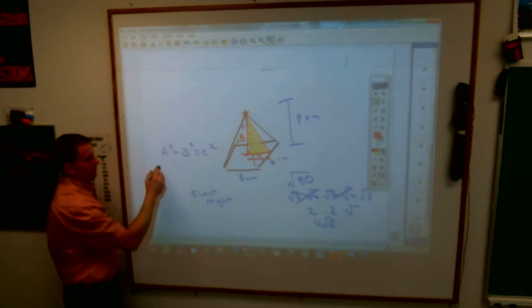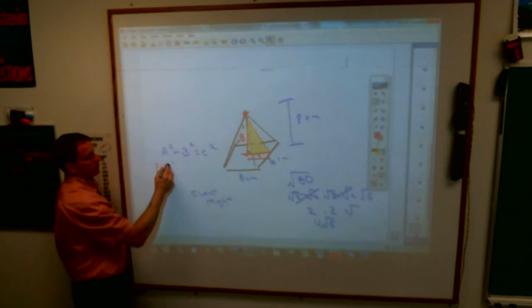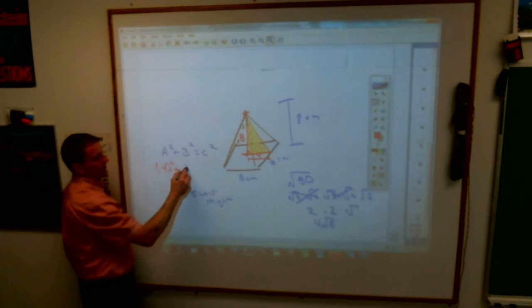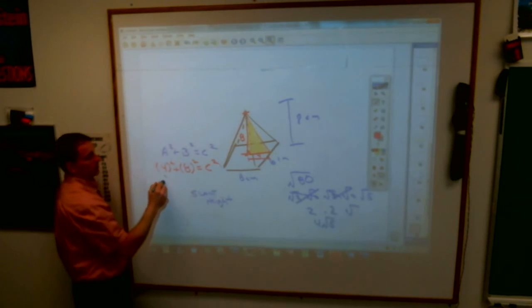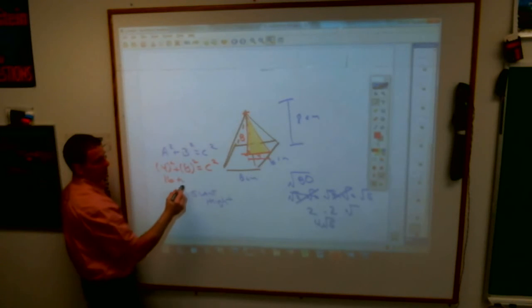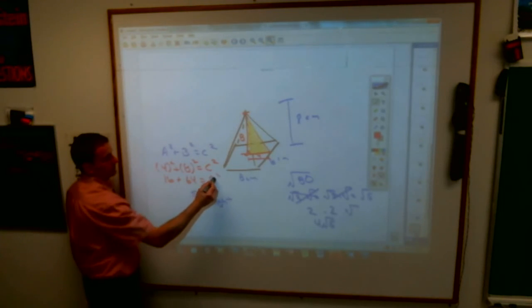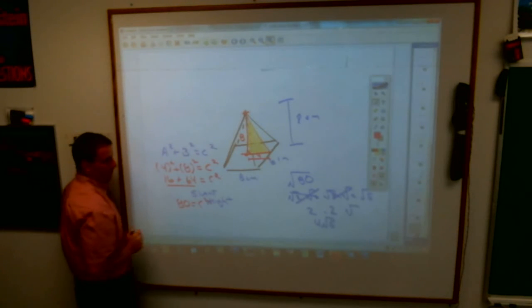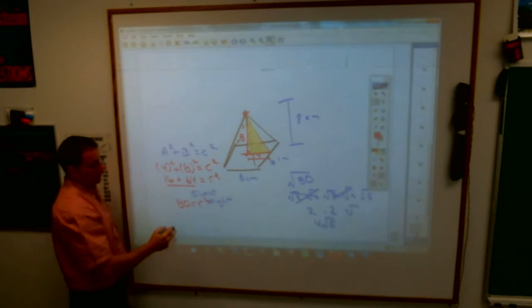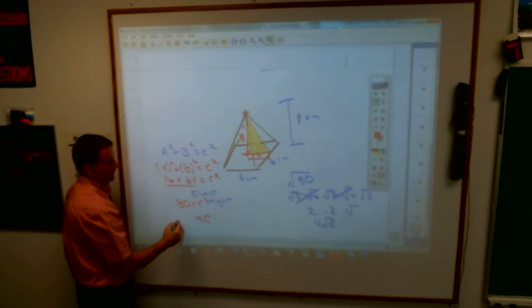So you plug those numbers in: 4 squared plus 8 squared equals c squared. 4 squared is 16, 8 squared is 64. 64 and 16 is 80. And if c squared equals 80, what does c equal? C equals the square root of 80.